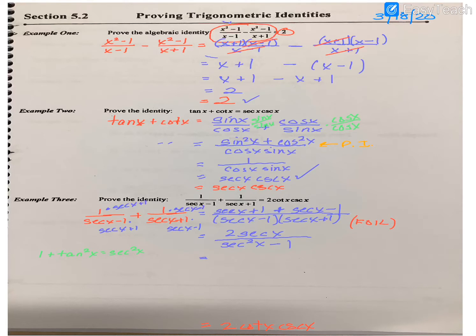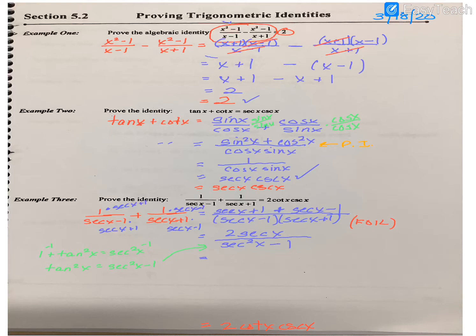If you notice, I wrote it off to the side there. Can that be manipulated to represent that denominator? And hopefully you see that if we subtract 1 from both sides, we can manipulate this to read tangent squared x equals secant squared x minus 1. And so, with that denominator right there, secant squared x minus 1 can be replaced with tangent squared x.